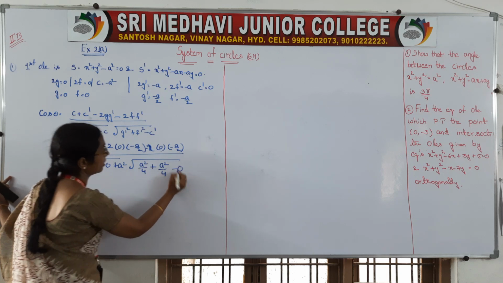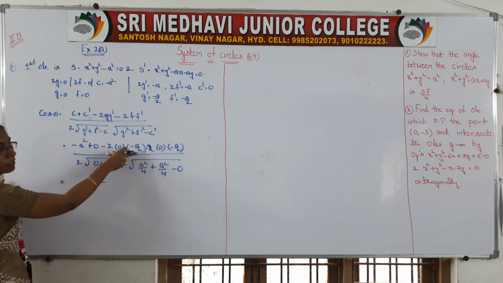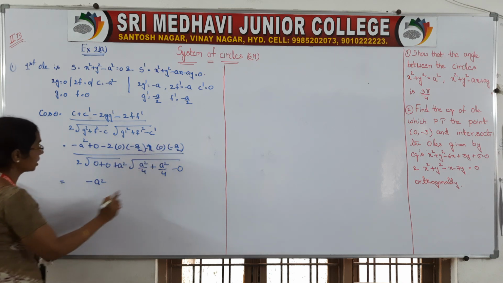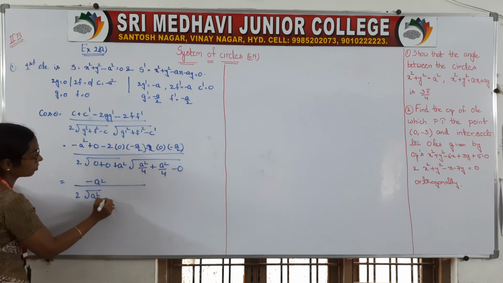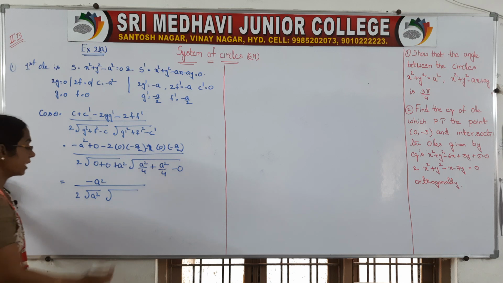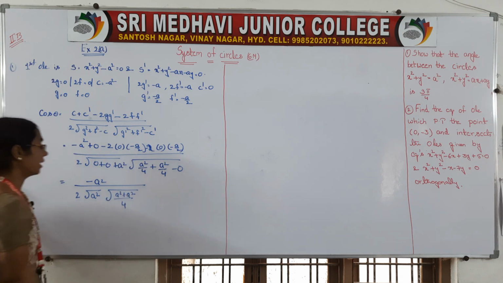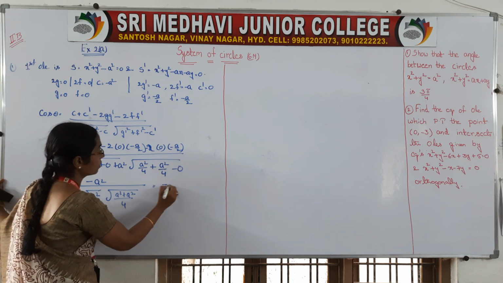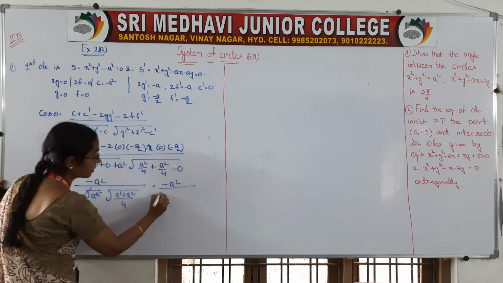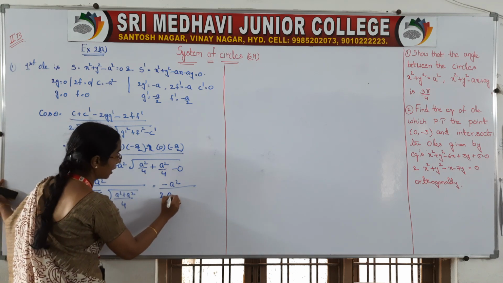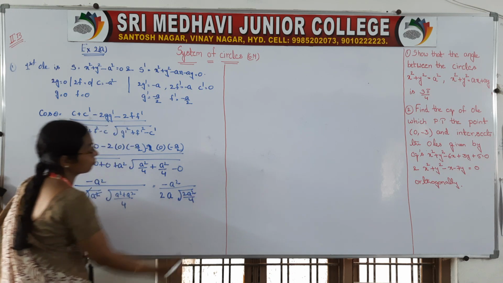The next value is 0. So it is equal to minus a square, 0, 0, divided by 2 into root of a square, into root of, taking the LCM as 4, a square plus a square. So it is minus a square divided by 2 into a into root of 2a square by 4.